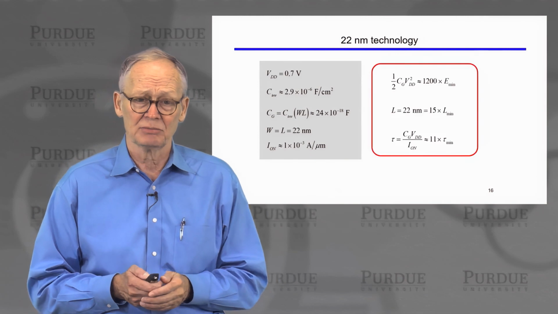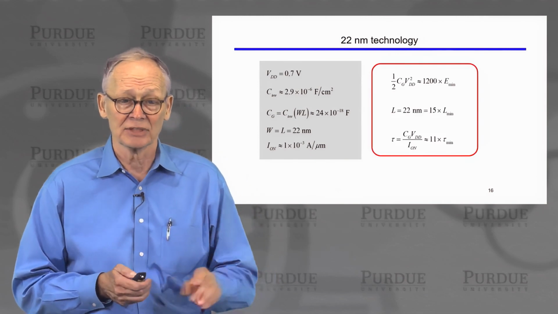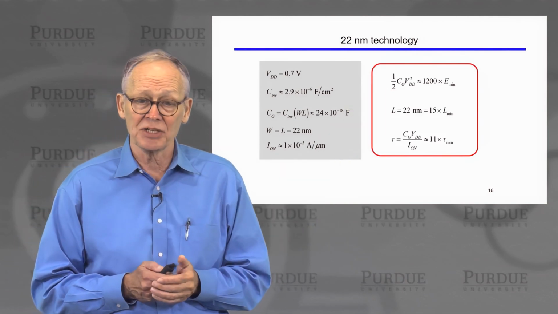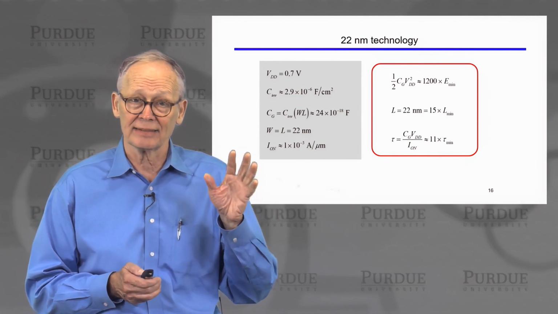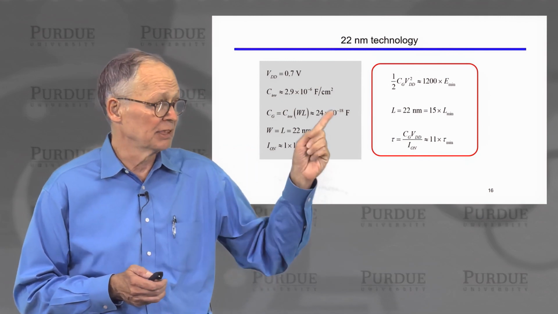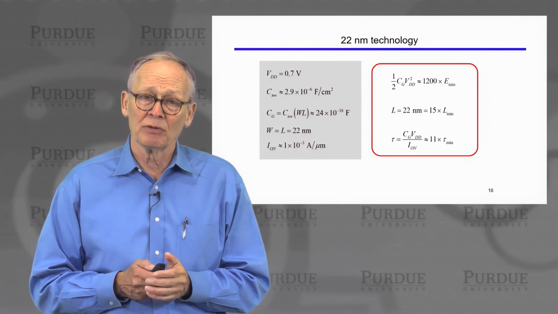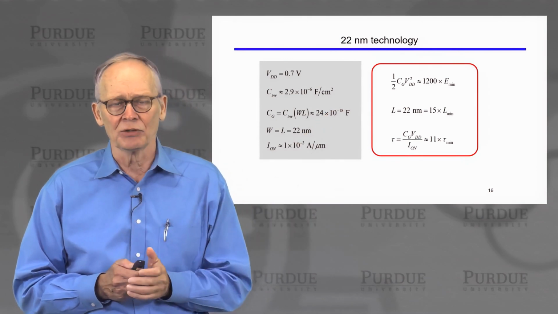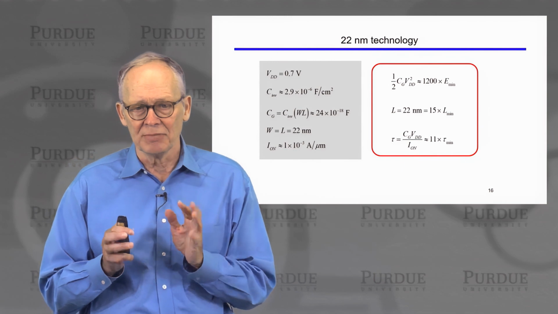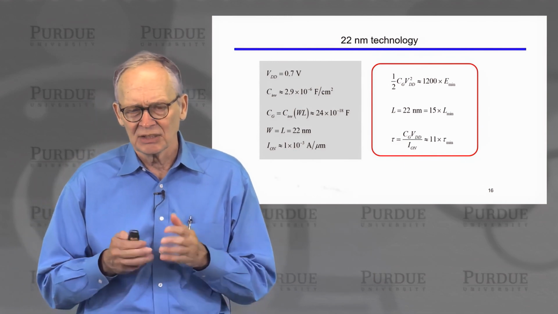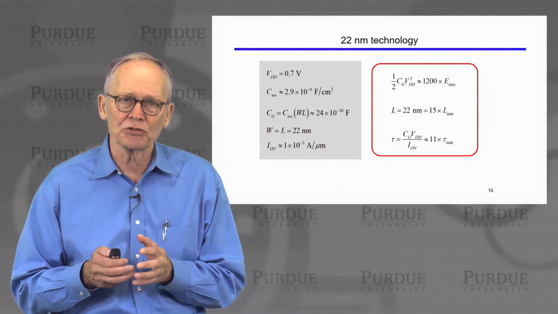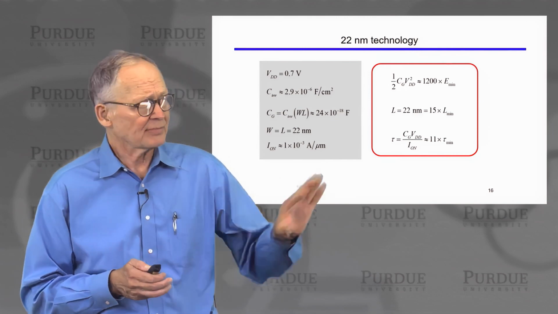And we'll just take a look at some of the numbers. Our minimum switching energy for the MOSFET is going to be 1/2 gate capacitance times drain voltage squared. Simply plug in numbers. What we will find is that that's 1,200 times the thermodynamically minimum switching energy. So it's a few orders of magnitude above.